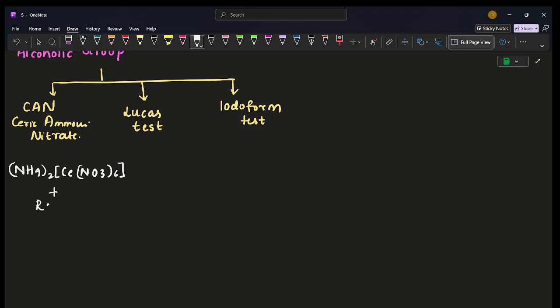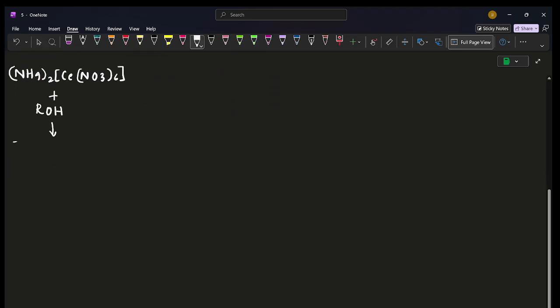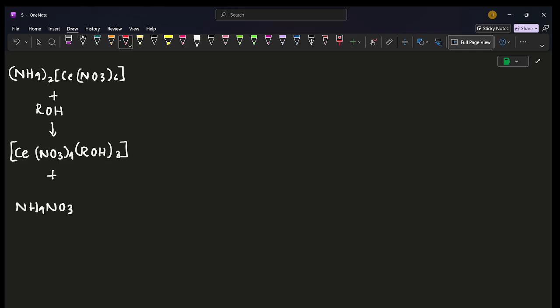And let's say you're adding an alcohol. It's gonna give you another complex which is cerium, four times, ROH thrice, and NH4 was the byproduct. The most important thing, you're gonna get a red color.